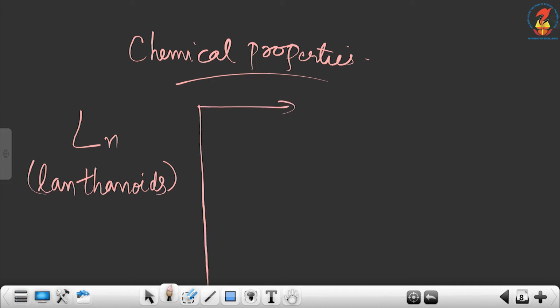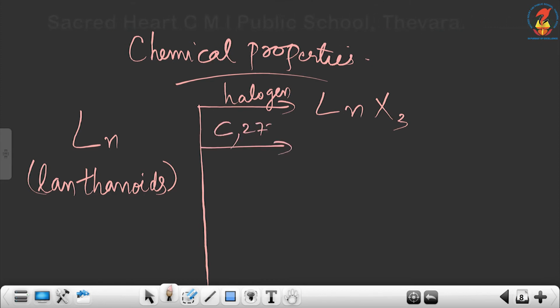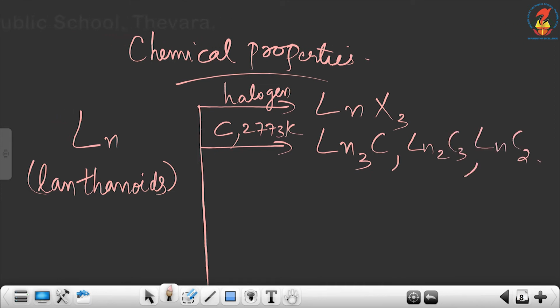The first is reaction of lanthanoids with halogen. With halogen you get a halide with formula LnX3. LnX3 is a general formula. Now lanthanoids, when they react with carbon at 2773 Kelvin, you get carbides with formulas Ln3C, Ln2C3, LnC2.